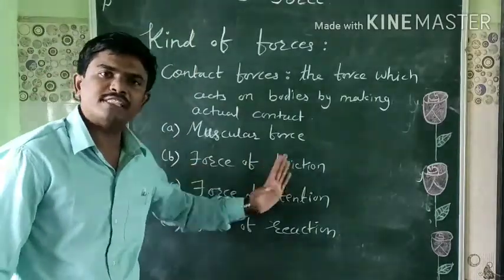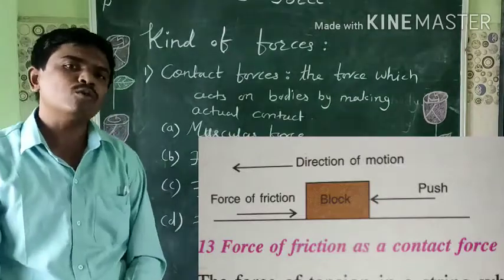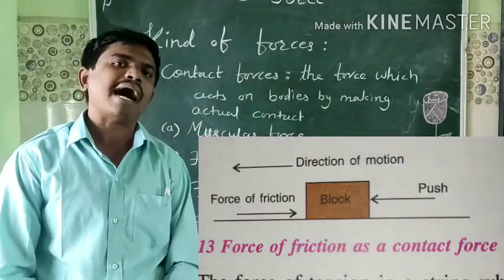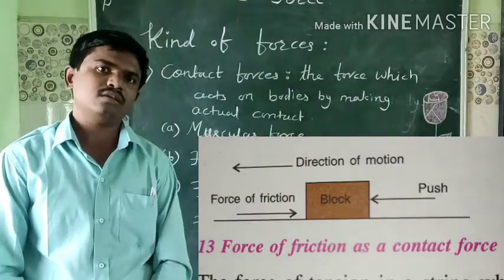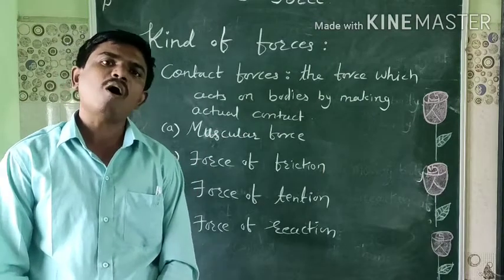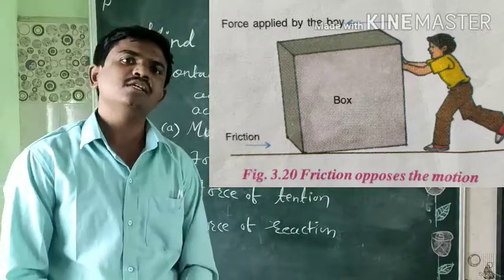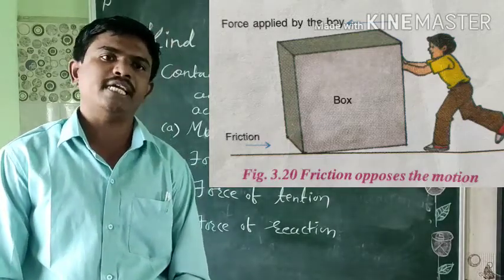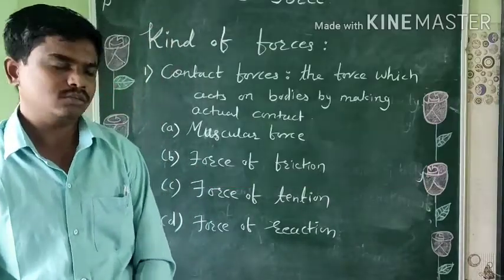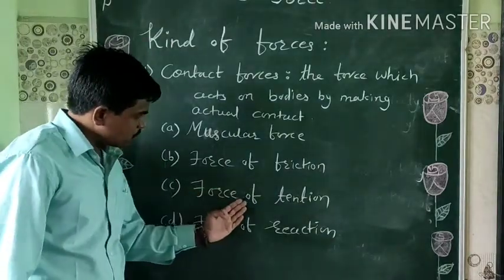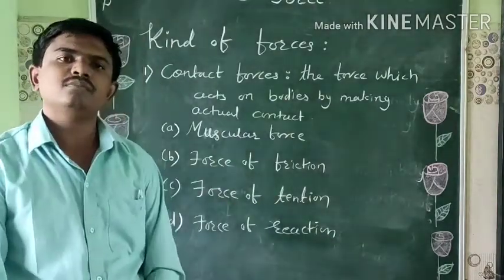Force of friction, this is the force applied by the surface on the object in the opposite direction to the motion of the object. Third, force of tension.